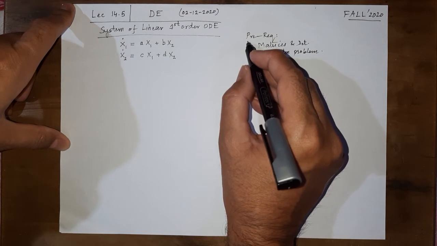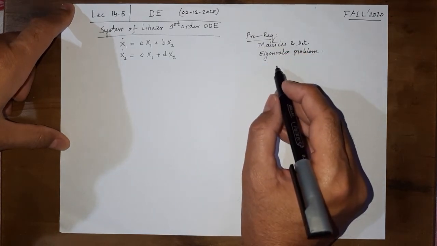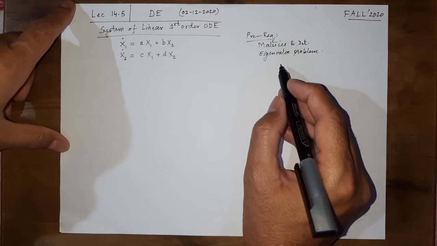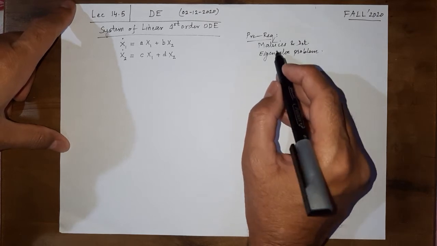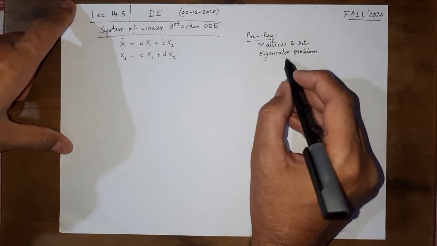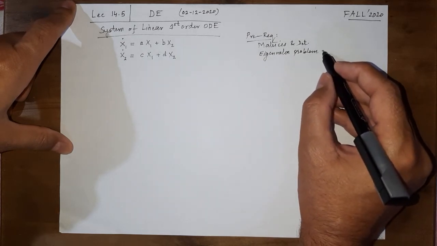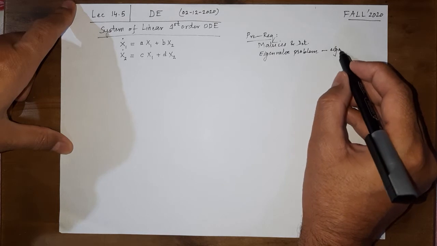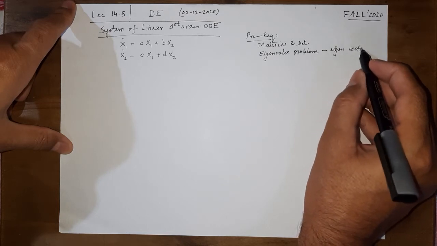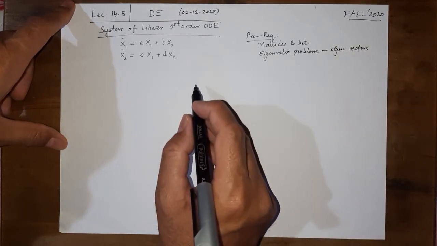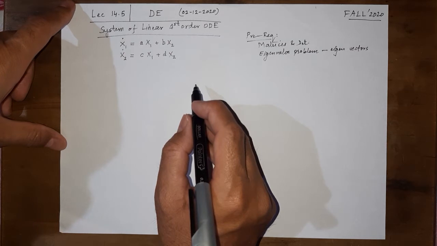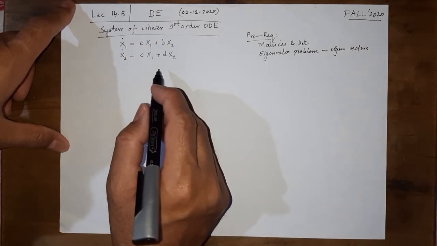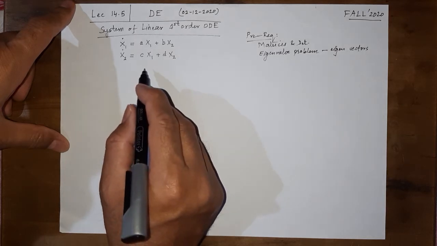If your knowledge is rusty, I would like to review some of the material, so don't worry. So the eigenvalue problem and the eigenvectors. What are eigenvalues and eigenvectors? I hope it is fairly simple, and we will revise that wherever it is required.